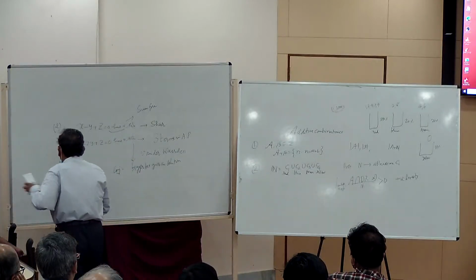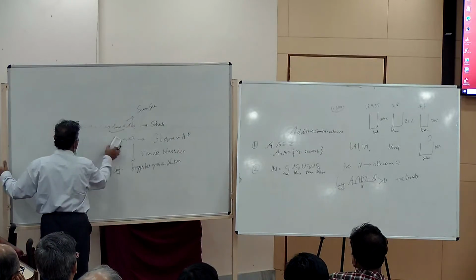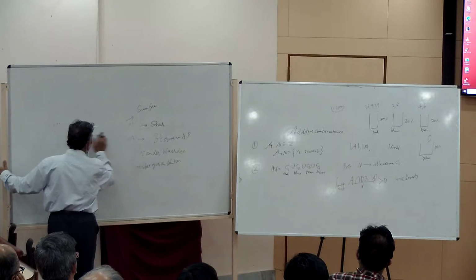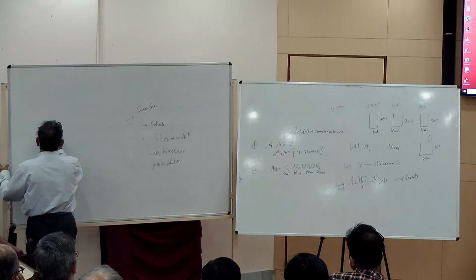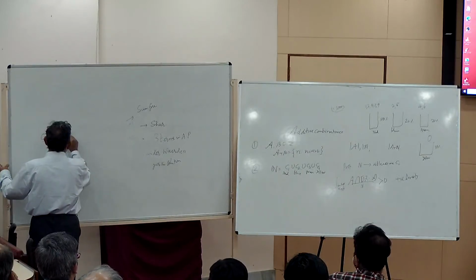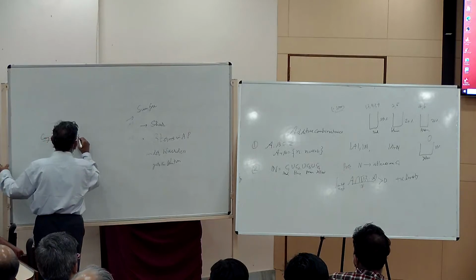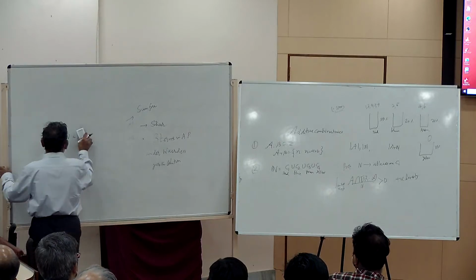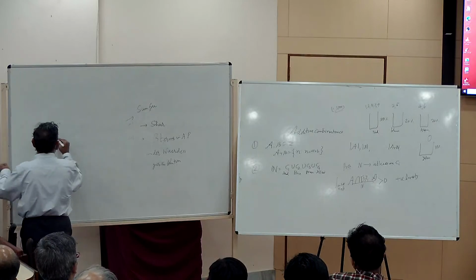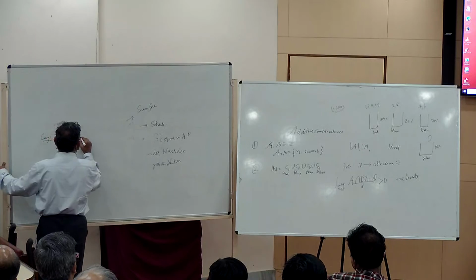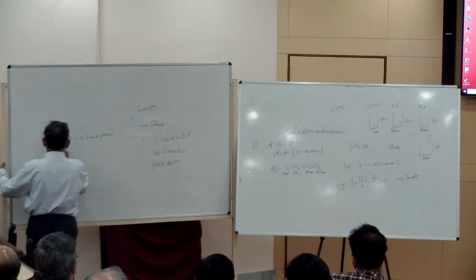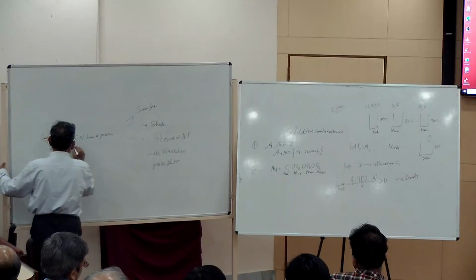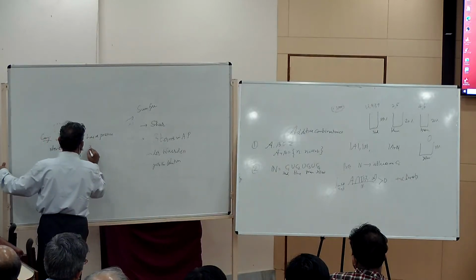The conjecture of Erdős says, if A contained in N has a positive density, then A has a 3-term arithmetic progression.